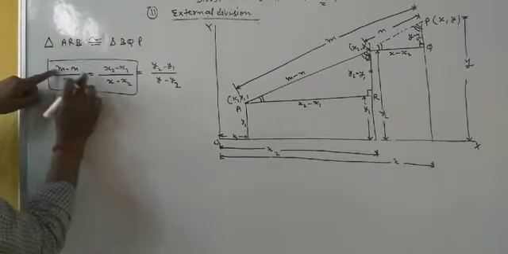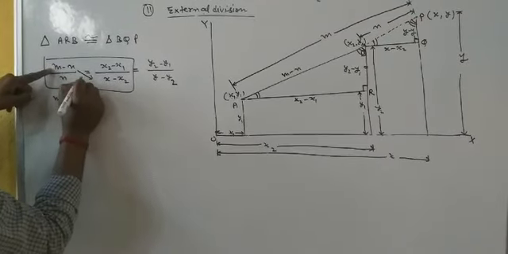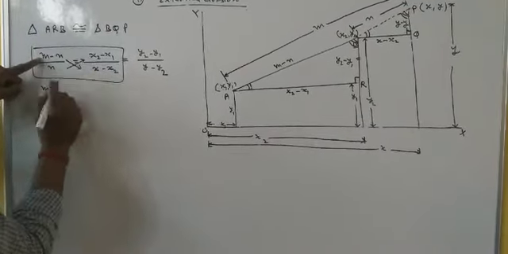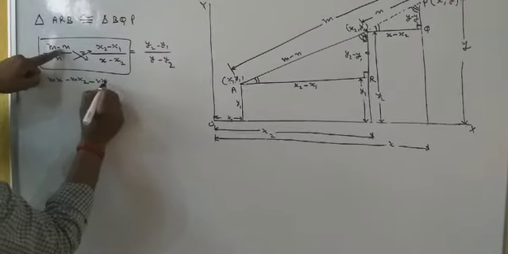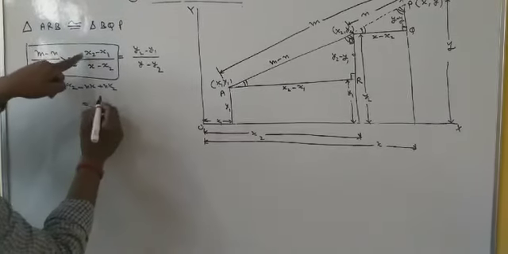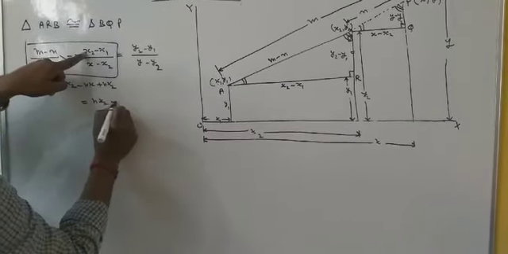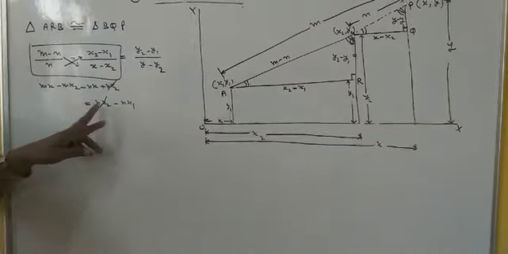Now by solving, first of all taking this one equal to this one, by cross multiplication, mx minus mx2 minus nx plus nx2 is equal to nx2 minus nx1. nx2 cancel out.